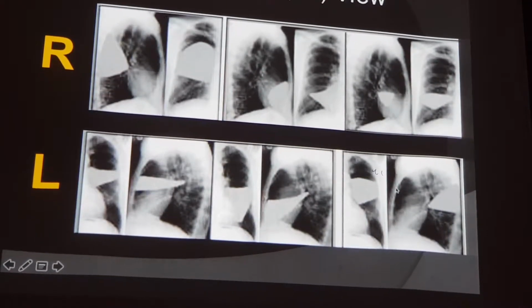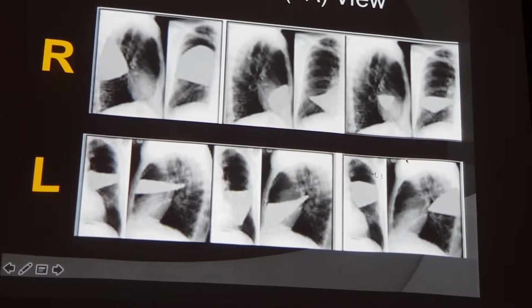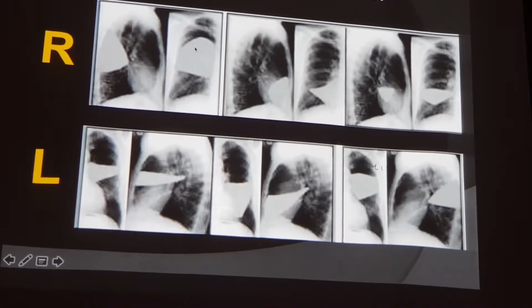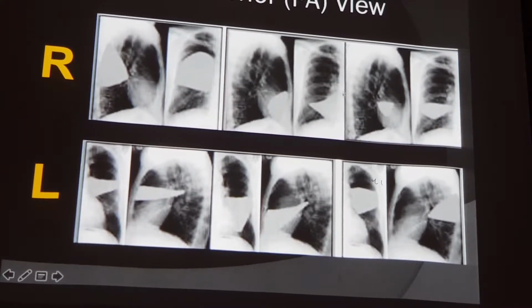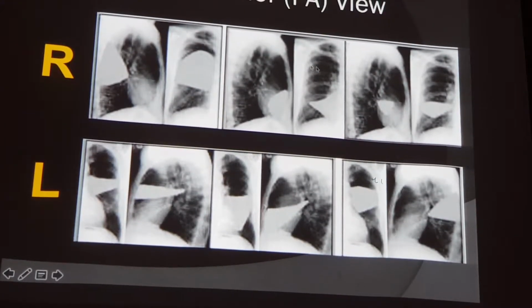And then like I was saying, for memorization purposes, for the middle lobe on the right, this is the middle lobe.